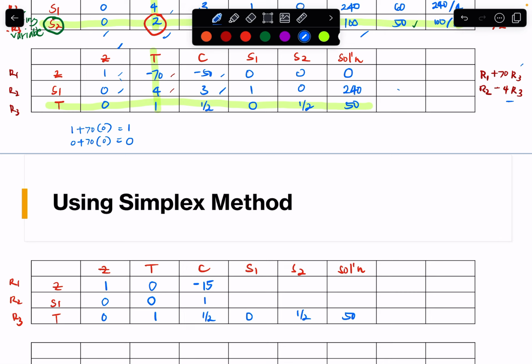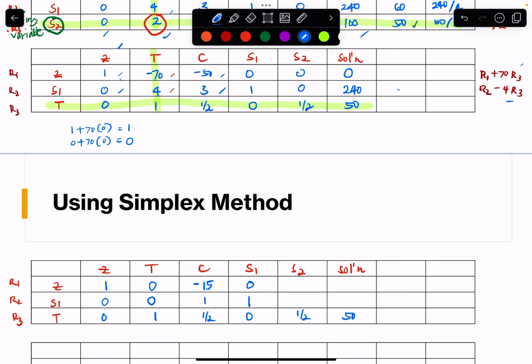And then for our S1, S1 is 0 and R3 is 0, therefore this is 0. Then for R2, it is 1 minus R3, which is 0, so 1 minus 0 is 1.